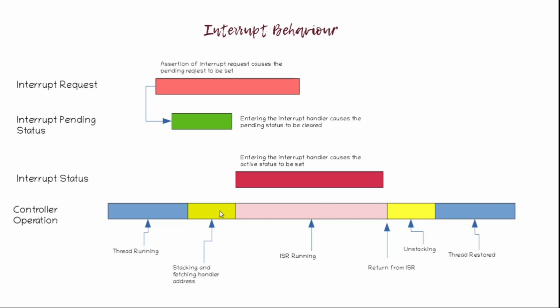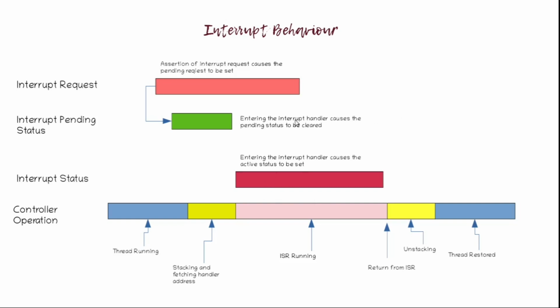Once the stacking process completes, then the handler address is fetched from the exception vector table. We'll have a look at the exception vector table in detail in the upcoming slides. So the address of the particular ISR is fetched, and then the ISR starts executing.